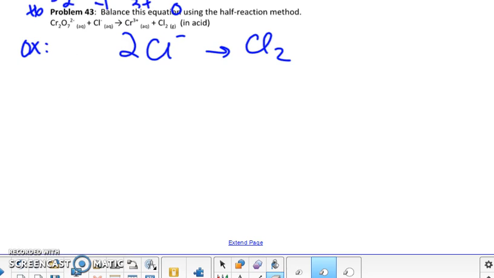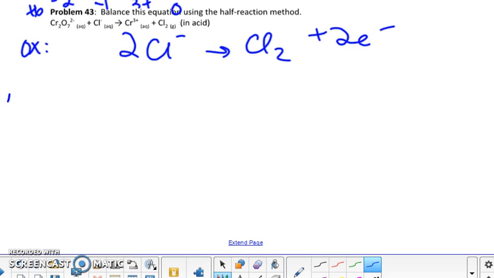Balance your oxygens with water: I don't have any oxygens. Balance your hydrogens with H+: I don't have any hydrogens. The last part is to balance the charge using electrons. Which is my most positive side? On the left, 2 times -1 is a -2 charge, and on the right-hand side it's 0. So 0 is more positive than -2, so I'm going to add 2 electrons.